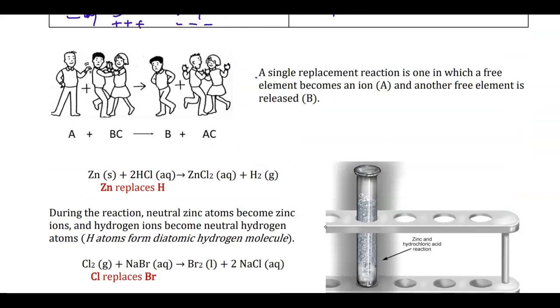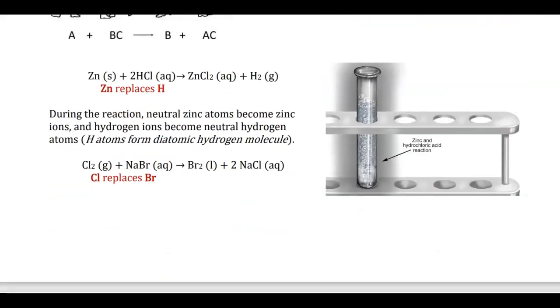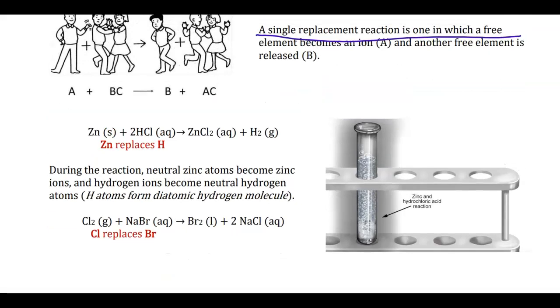Okay, single replacement reactions. One of the atoms becomes an ion, and another free element is released. For example, zinc plus hydrochloric acid, and in your homework I saw that some of you named it in the wrong way. Hydrochloric acid forms zinc chloride and hydrogen gas, right? So zinc replaces hydrogen here.